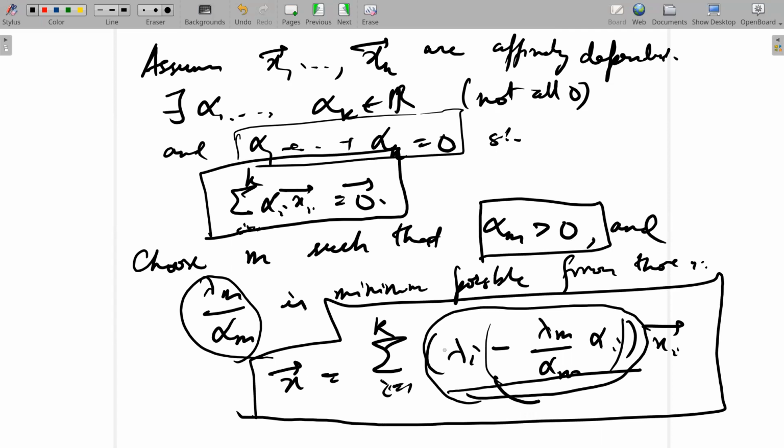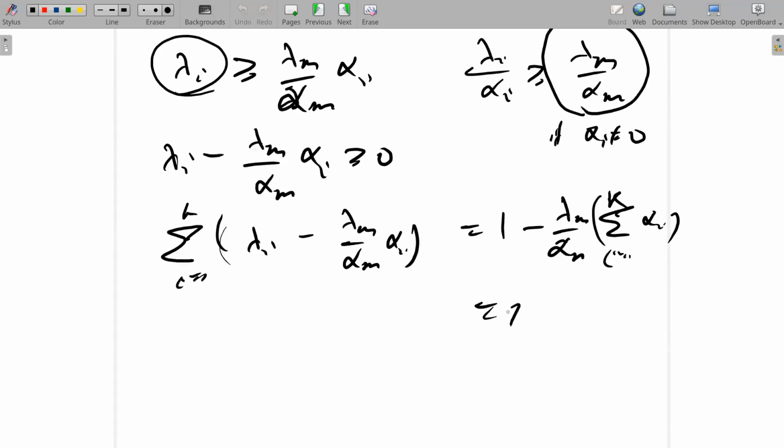So this is again a convex combination of these xi's, with one of the coefficients in fact being 0 when i equals m. So that's why we have been able to reduce this value of k. Okay, so we had to check this. So let me rewrite that. Lambda m minus lambda m over alpha m times alpha m is equal to 0, contradicting the minimality of k.